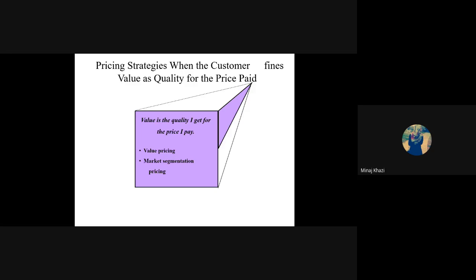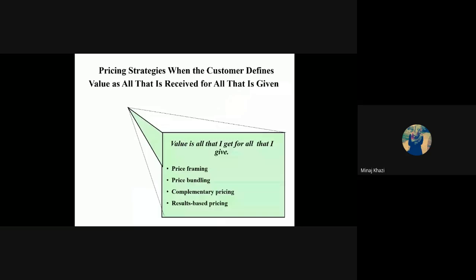There are a few which are provided in the mid end, and there are some elite features which are provided with the car if you are buying at the higher end. So these are things people look into. Based on the market segmentation, they vary the prices for a little bit of change in the service provided. That is market segmentation pricing.